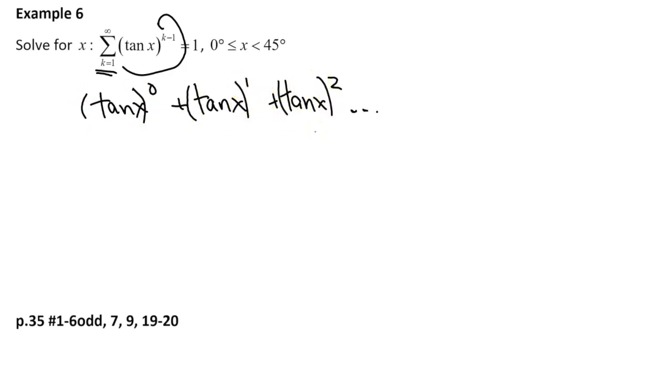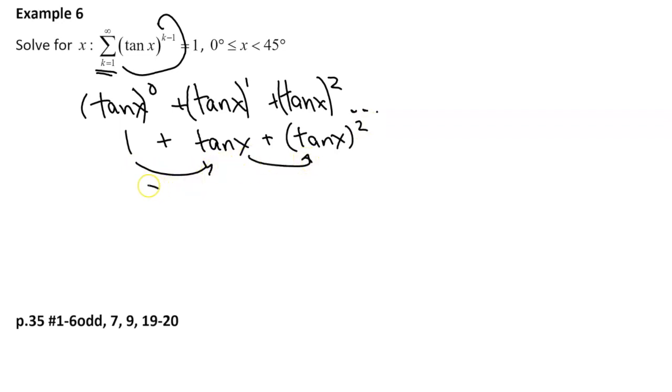Tan x to the power of 0 is the same as saying the number 1. So I have 1 plus tan x plus tan x squared. Every time I go from one term to the next term, I'm timesing it by a tan x. In other words, my common ratio is going to be tan x.